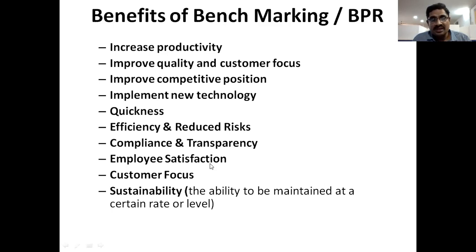Next, employee satisfaction. The employees will gain satisfaction from the company. And customer focus: we need to observe customer attitudes and mindset and give a suitable product to the customers that satisfies their needs and wants.